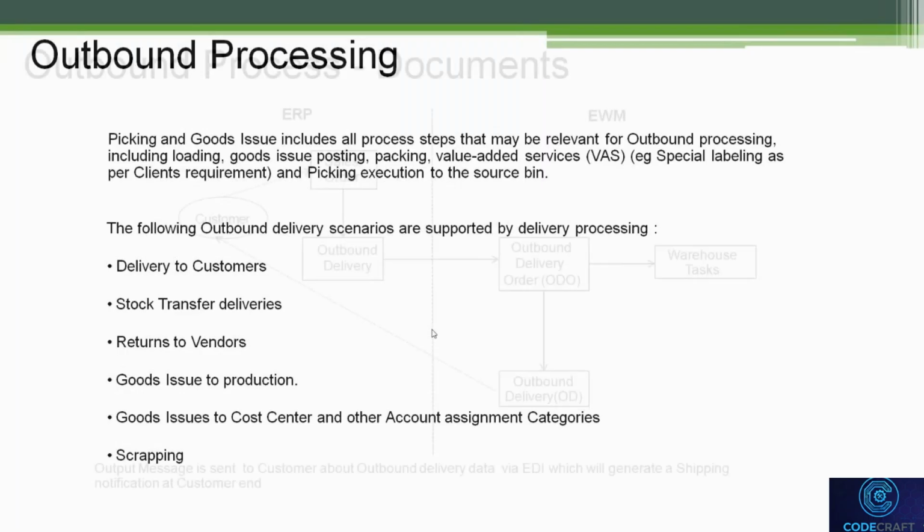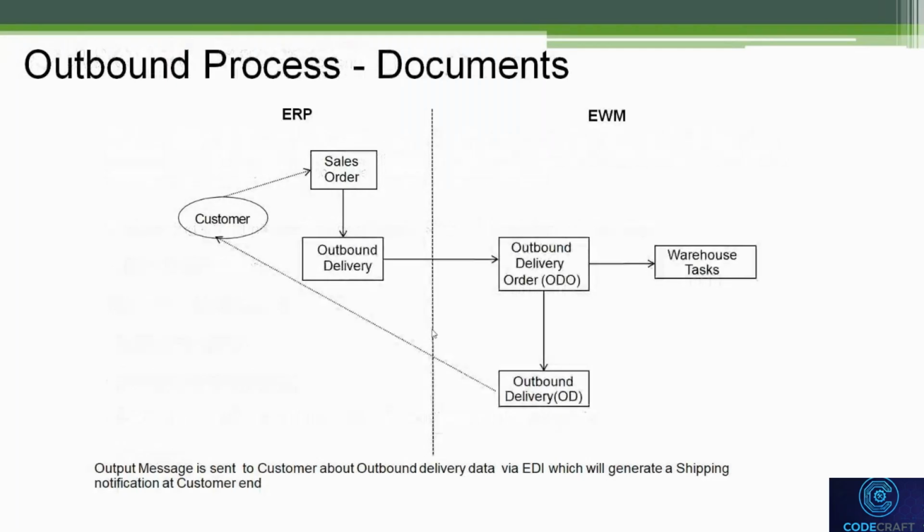Now when we learn outbound processing, there are two documents during the processing. I'm not sure if you paid attention, but when we created inbound in ERP, it created an inbound delivery in EWM. There was just one document.